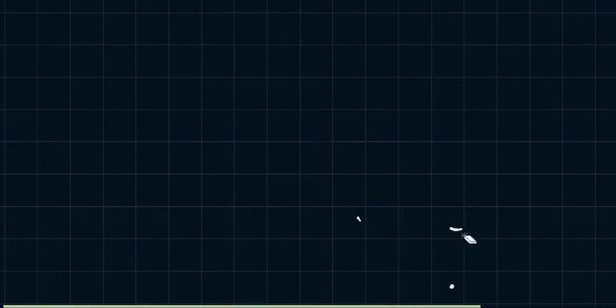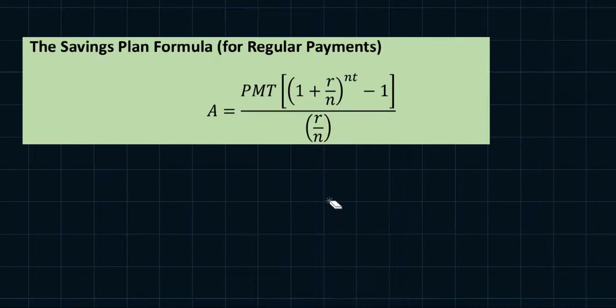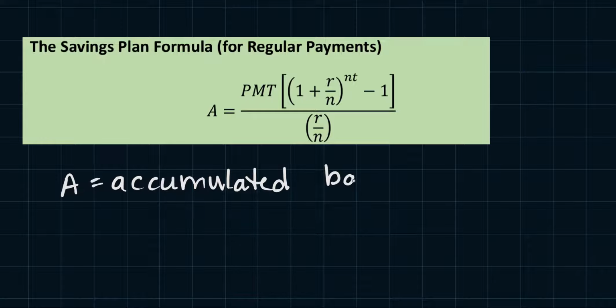Okay. So I got a lot of little bits of information here. A is going to be the accumulated balance, same thing we know A to be, and R is going to be the APR, or the annual percentage rate, as a decimal.